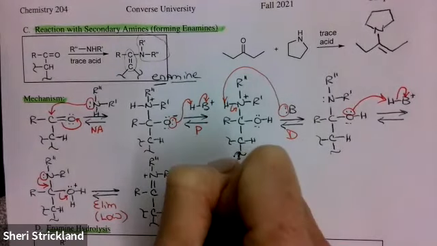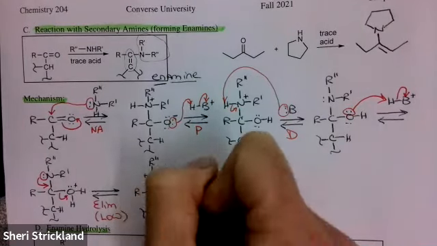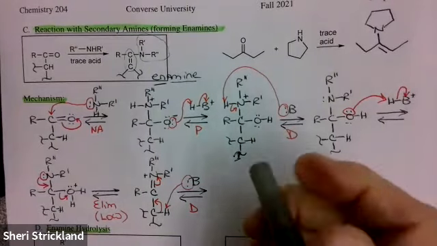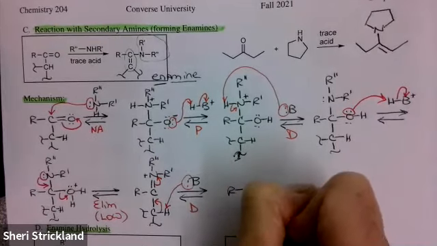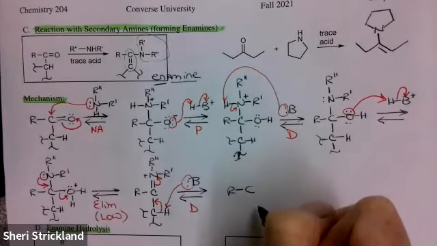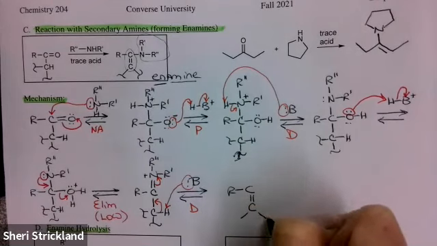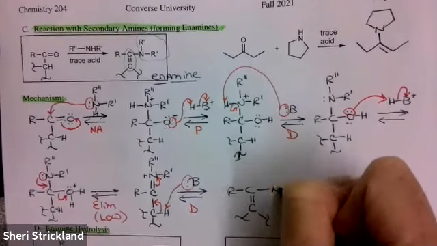Well, it has to happen here. These electrons go back onto the nitrogen and satisfy the positive charge. And I'm going to draw that like that, and this like this.